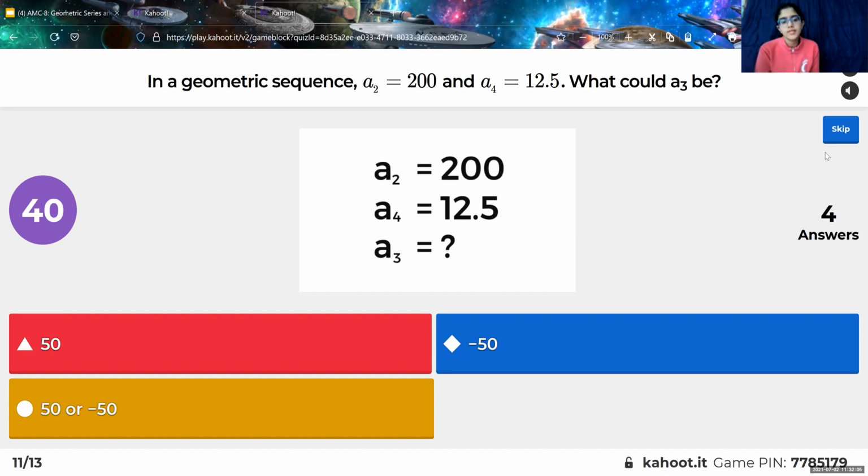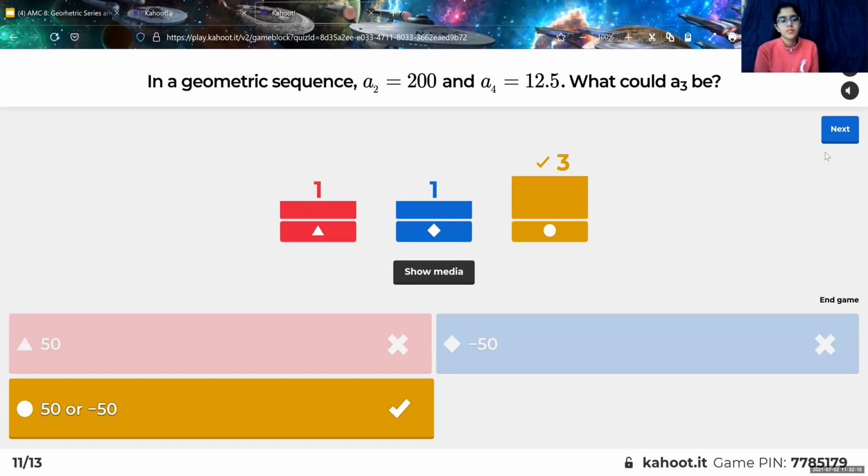And then you would find the square root of that, right? To find the ratio. And that square root could be positive or negative.